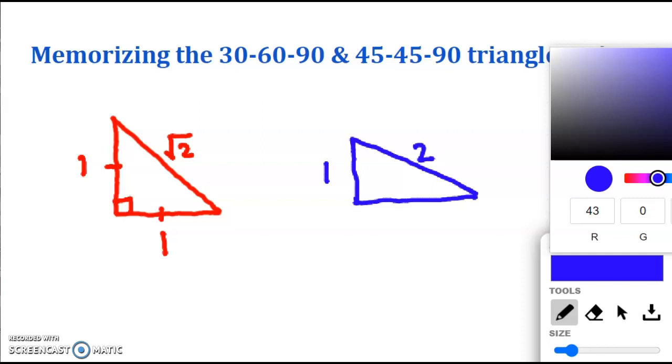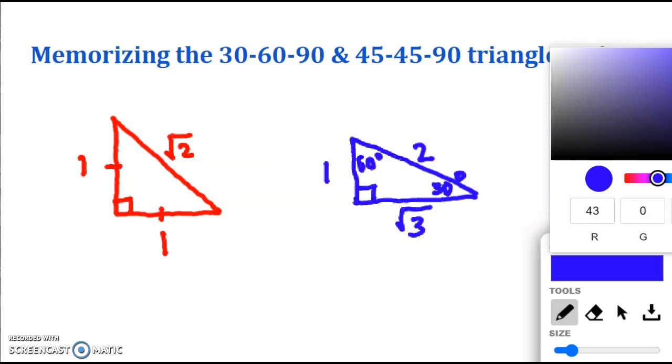If the leg is 1 unit and the hypotenuse is 2 units, then the other leg, the long leg, has to be square root of 3 units, because 1 squared, which is 1, plus square root of 3 squared, which is 3, has to be equal to 2 squared. That's just using the Pythagorean theorem. And you can tell which is the bigger angle just visually, this looks bigger. So this has to be the 60-degree angle, and this has to be the 30-degree angle. And this is always, of course, the right angle.